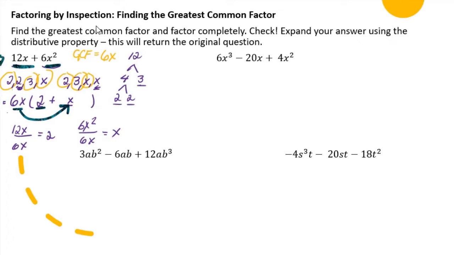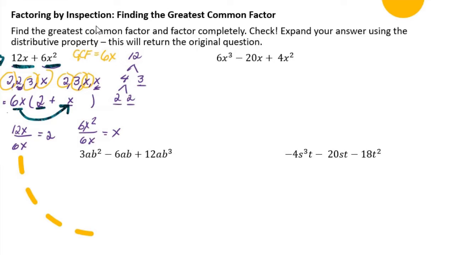This equal sign here isn't a liar, and I factored it correctly. Remember, I've got two terms in the question, and in the answer, in the factored version, how many terms do I have? Just the one. I have 6 times x times bracket. So this is the final factored form.